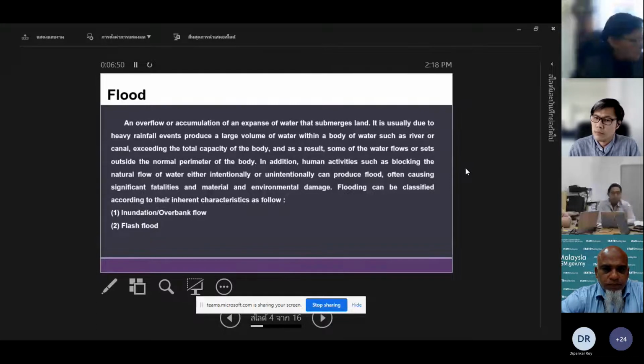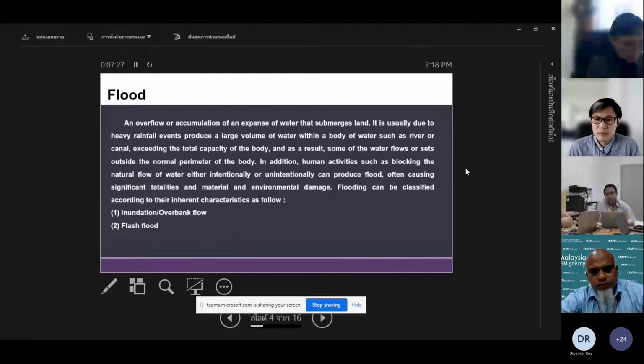Events produce a large volume of water within a body of water such as a river or canal, exceeding the total capacity of the body, and as a result some of the water flows outside the normal perimeter of the body. In addition, human activities such as blocking the natural flow of water, either intentionally or unintentionally, can produce flood, often causing significant facility, material and environmental damage.